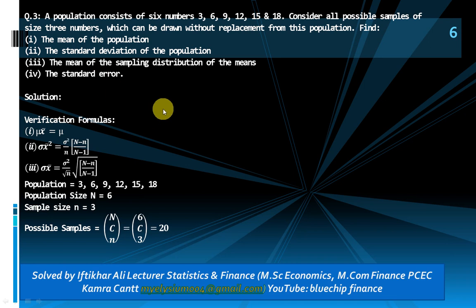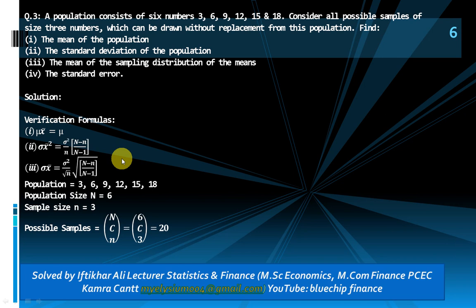So I think this question is repeated in previous papers, either in the paper of Punjab University or another university, it also appeared and we already solved this question. So we simply convert it into 3 different phases for this question.